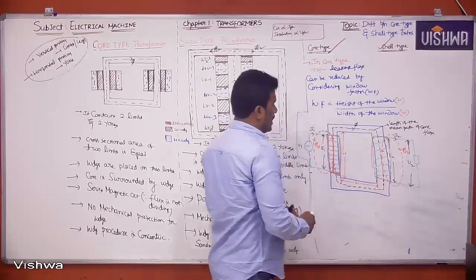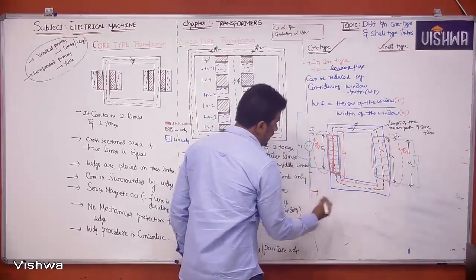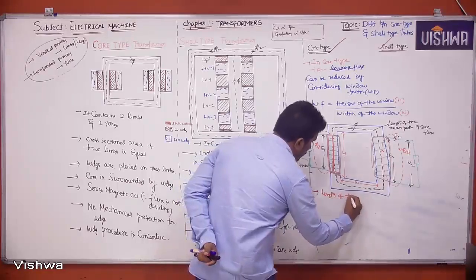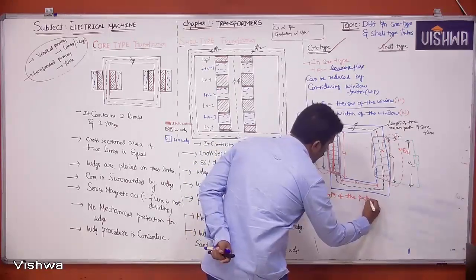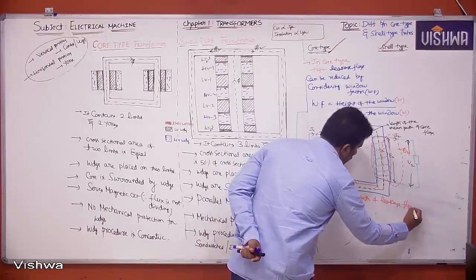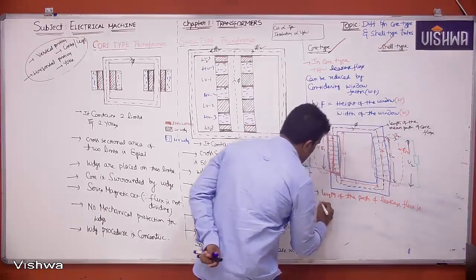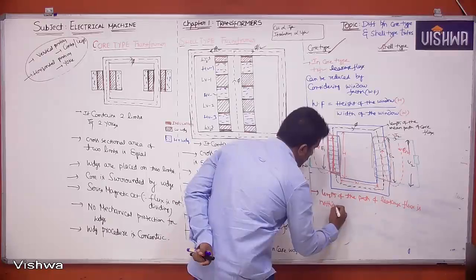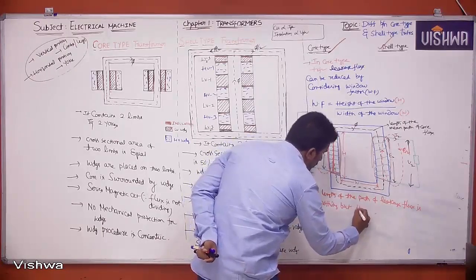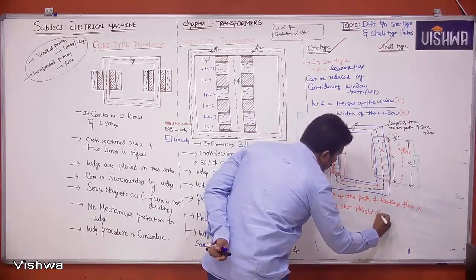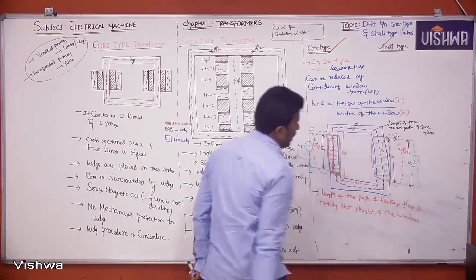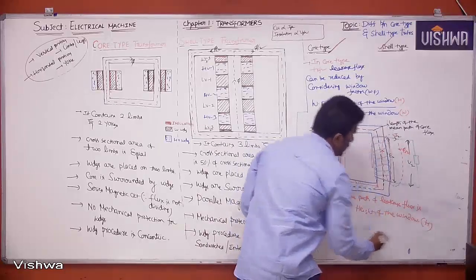Indirectly I can say that the length of the path of leakage flux is nothing but the height of the window, H.